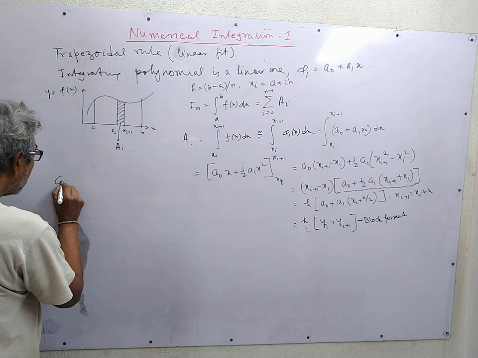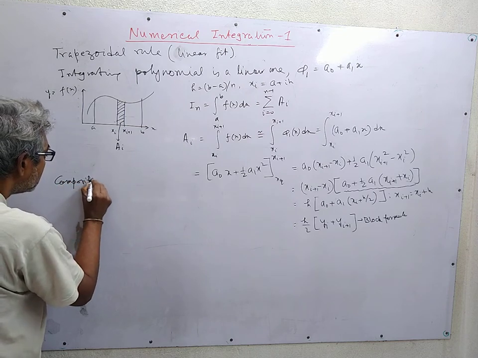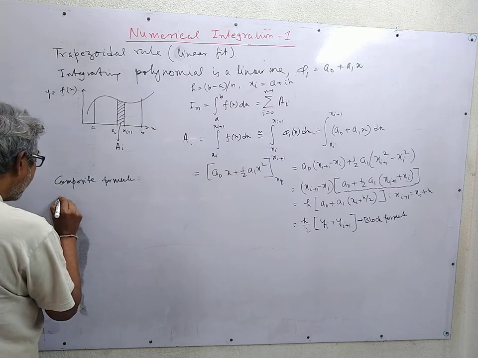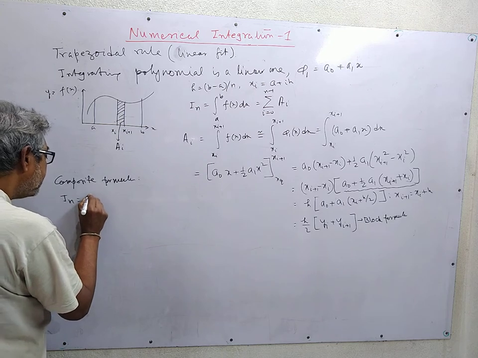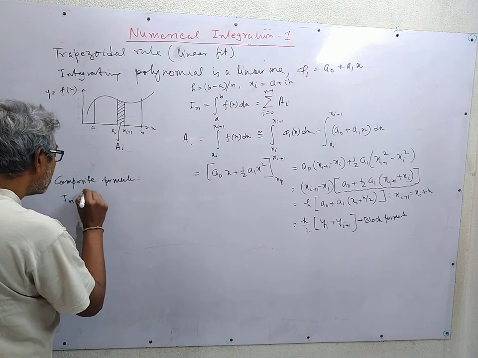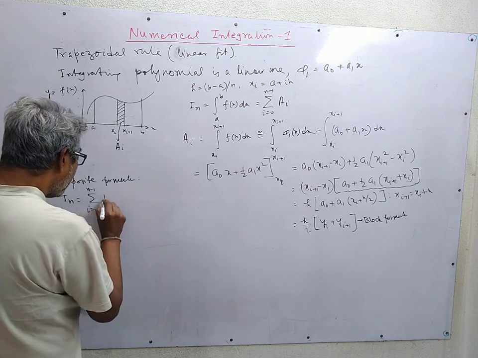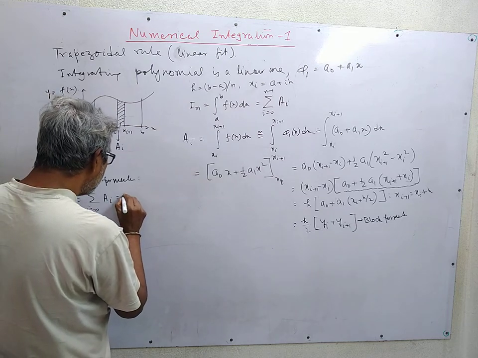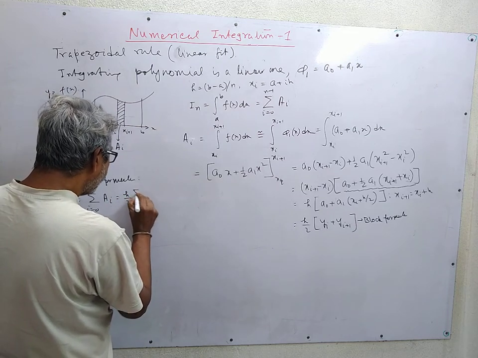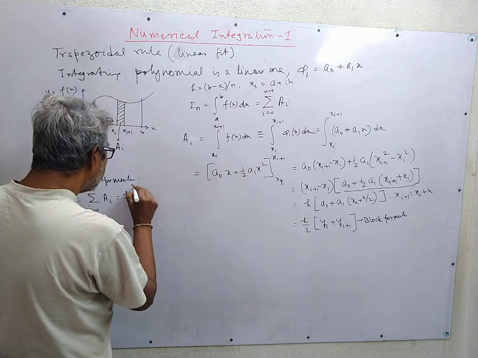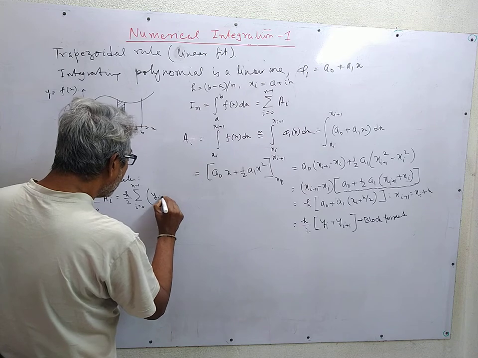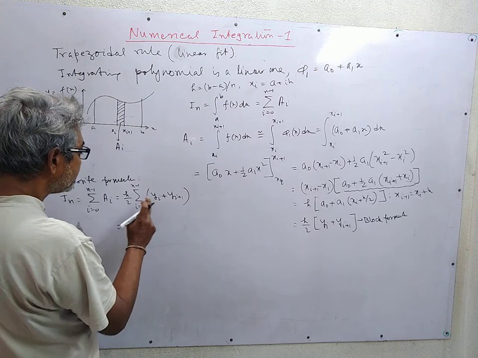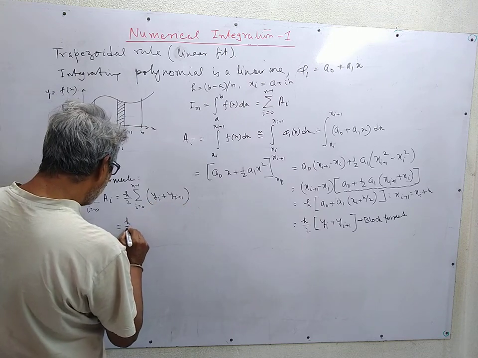The composite formula: this is the area under the curve. It is, as I have defined, the sum from i = 0 to n minus 1 of ai, and for ai in trapezoidal rule this is h by 2, which is constant, taken out, times the sum from i = 0 to n minus 1 of (yi plus yi+1). If we write it in longhand, h by 2 is common.